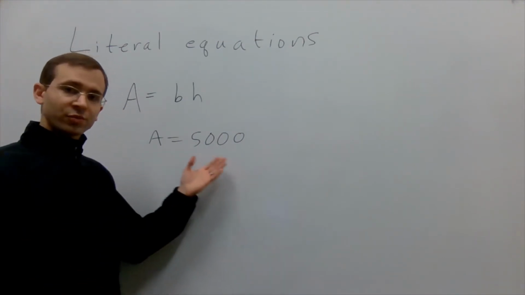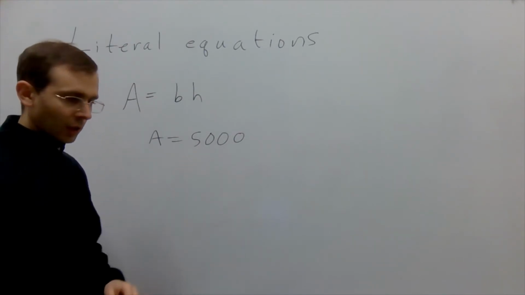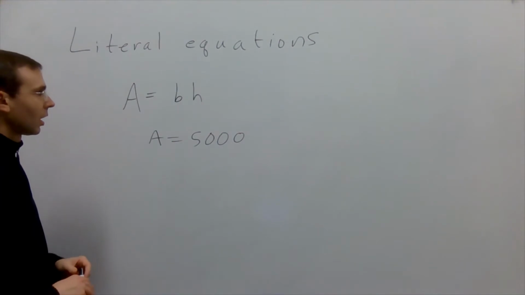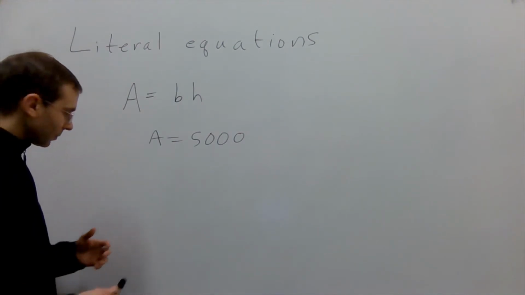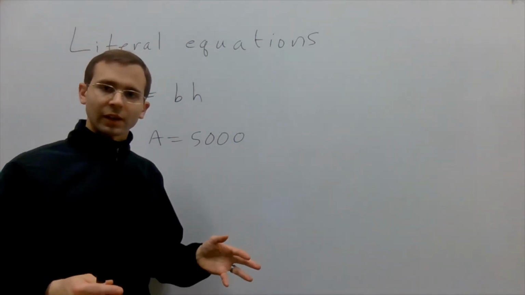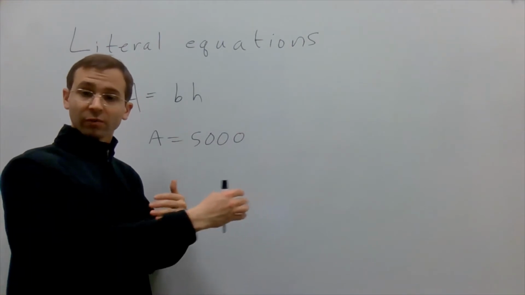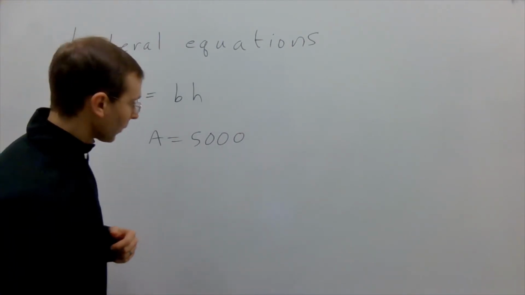Okay, now, so say we know that the building is going to be 5,000 square feet, but we're not sure just what the other dimensions will be. What would the storefront be, the base of our rectangle be, for different values of the height, how far back from the road we will build.